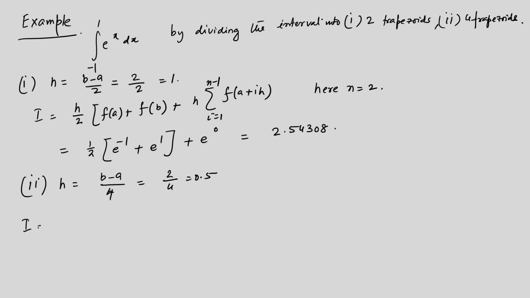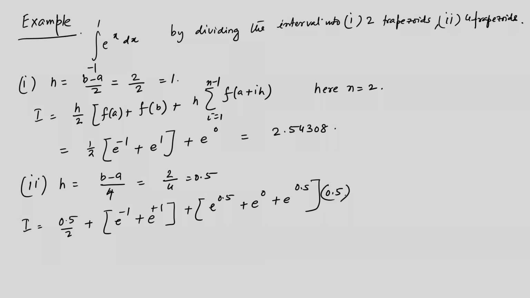So, I is equal to 0.5 by 2 times exponential minus 1 plus exponential plus 1, plus exponential 0.5 plus exponential 0 plus exponential 0.5, multiplied by 0.5, and it came out as 2.39917.